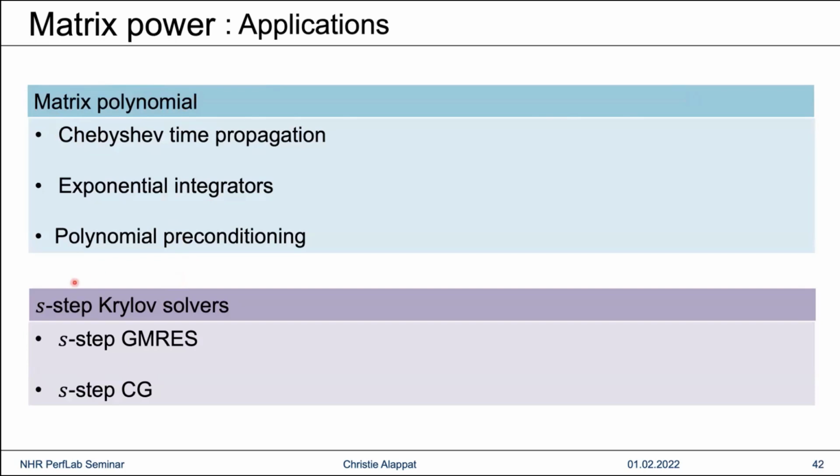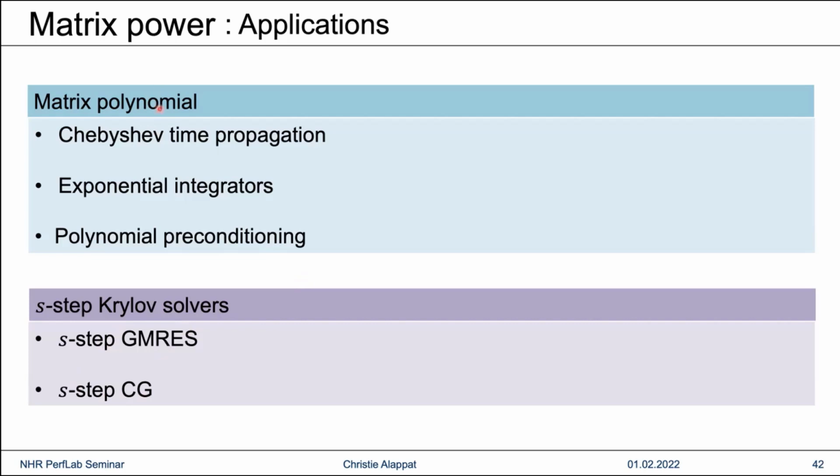The other class of algorithms that can use matrix power is S-step Krylov schemes, like the S-step GMRES solver or S-step CG solver. These are the two classes that I currently found. There might be other applications which can use the matrix power kernel.